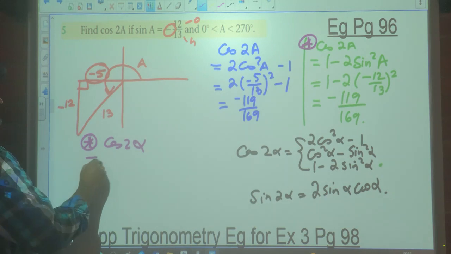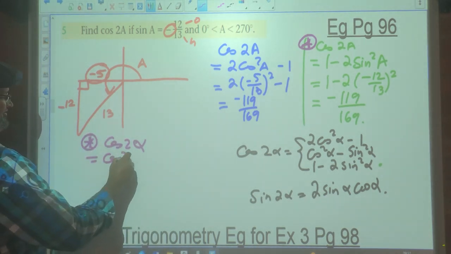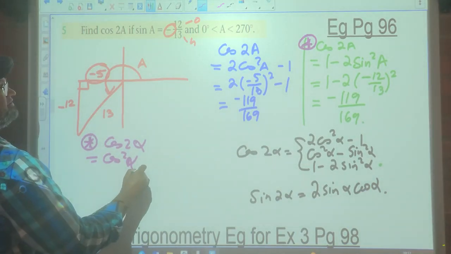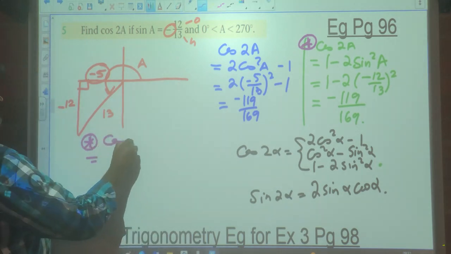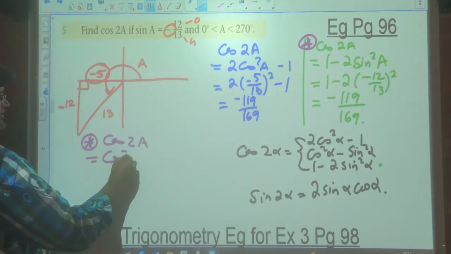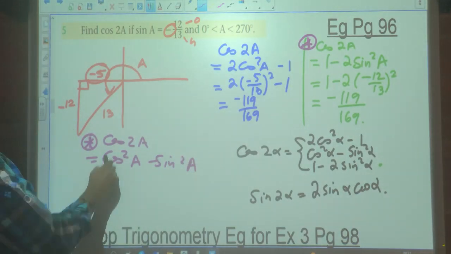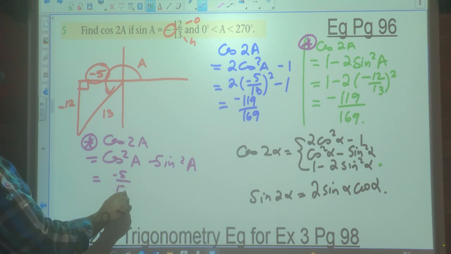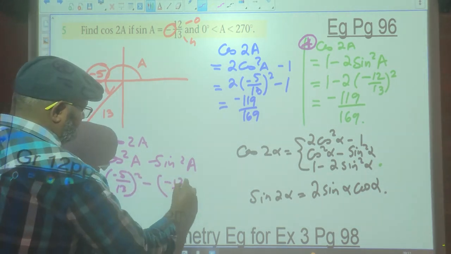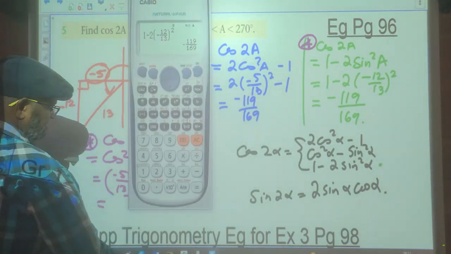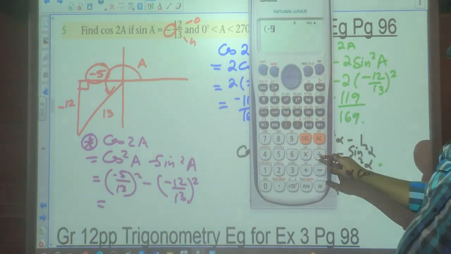Don't say there's too many options, so I'm going to leave it blank. You can do any of it, okay? So it's going to be cos 2a. It's going to be cos squared a minus sine squared. So cos is adjacent over hypotenuse, negative 5 over 13 squared, minus negative 12 over 13 squared.